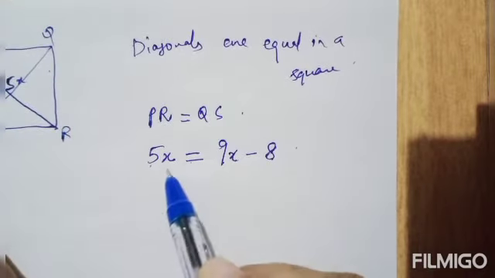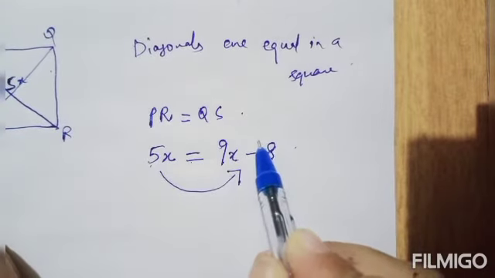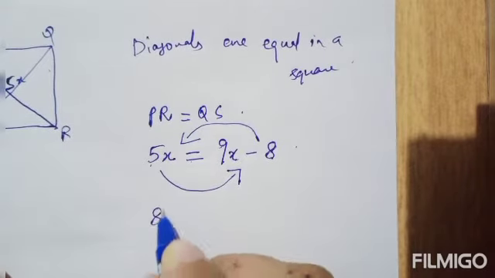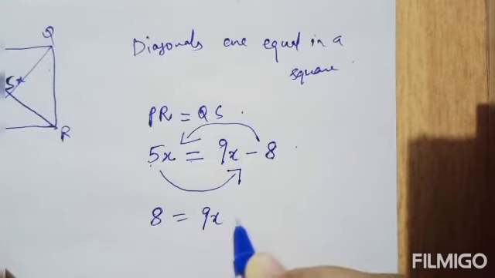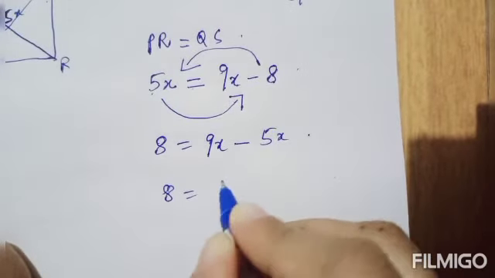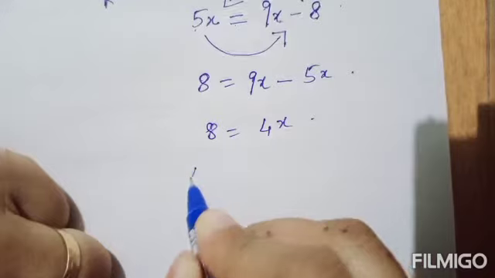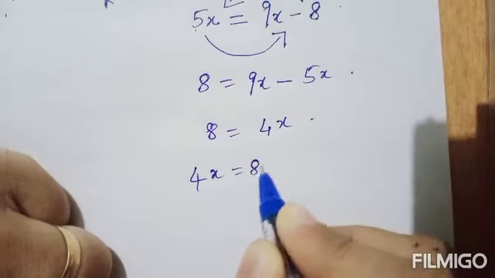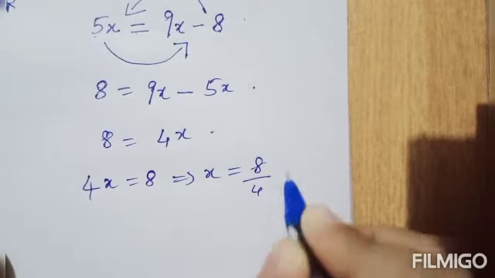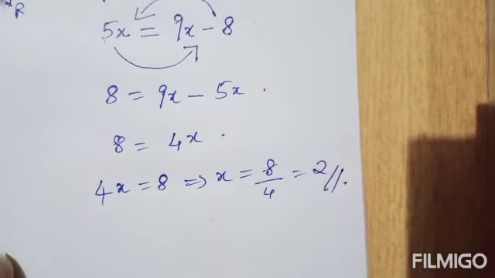Now take 5x to this side and minus 8 to the left side. So you will get 8 equal to 9x minus 5x, that is 8 equal to 4x, or 4x equal to 8. So the value of x equals 8 by 4, it is 2.